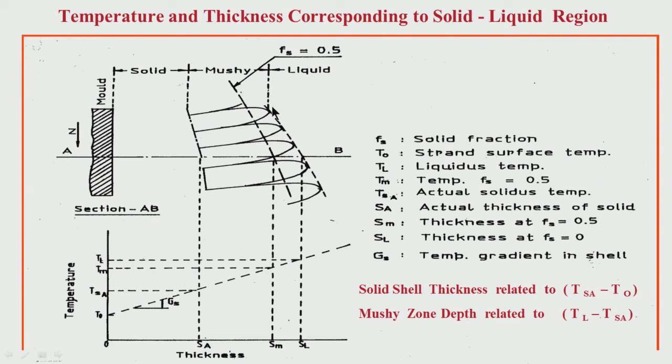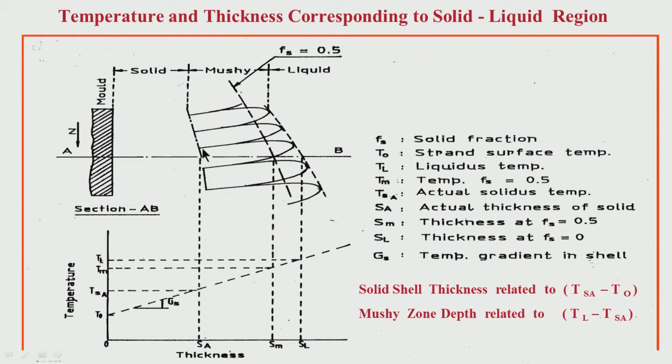So, it is dictated by what? Please try to look at these temperatures. T0 is the temperature on the solid shell, the surface temperature, which is very low, maybe 50 or 100 degree centigrade. The solid which became solid long back is getting cooled also, so it is relatively low, maybe 100, 200, whatever it is. When the solidification starts, this is the actual solidus temperature, not equilibrium; I have given you here the actual solidus temperature TSA.